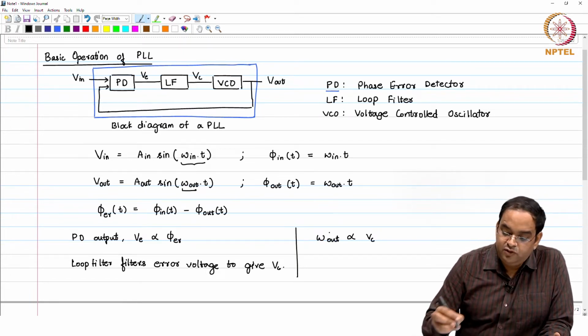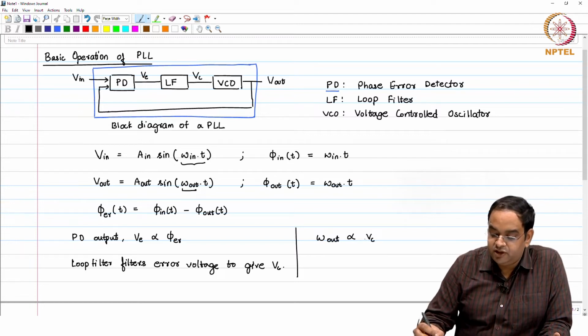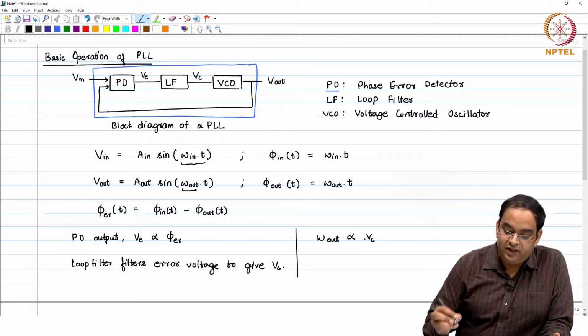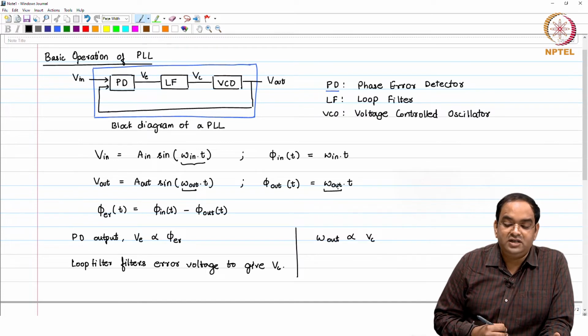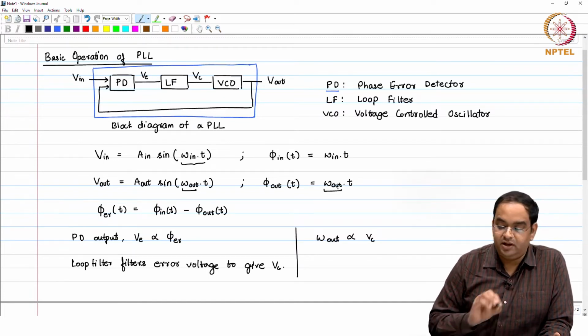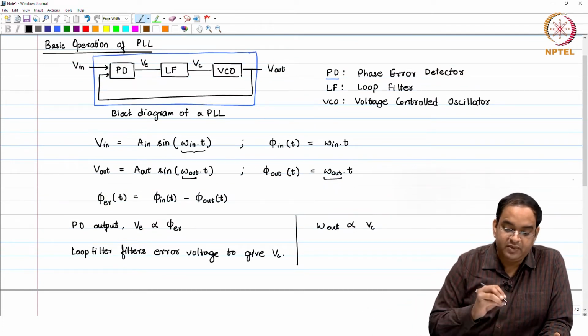And when you change the frequency of the oscillator in proportion to the control voltage, you will actually change the phase at the output of the voltage controlled oscillator. We will look at it in detail one by one.